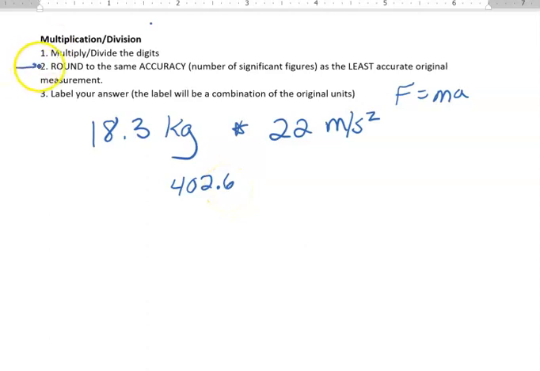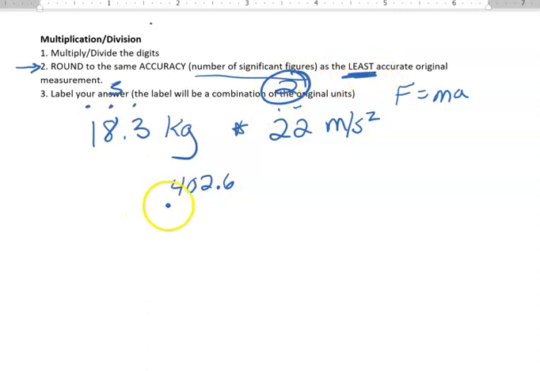Now notice for the rounding on this one, it's different. Okay, you round to the same accuracy as the least accurate original measurement. Now remember, accuracy is the number of significant figures. So in my first measurement here, I have 3 significant figures. In my second measurement, I have 2 significant figures. So that means my final answer can only have 2 because I need the least.